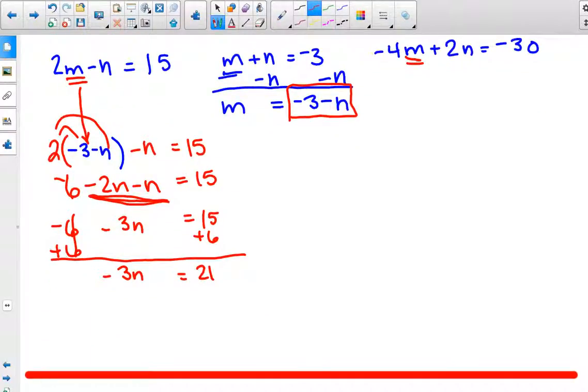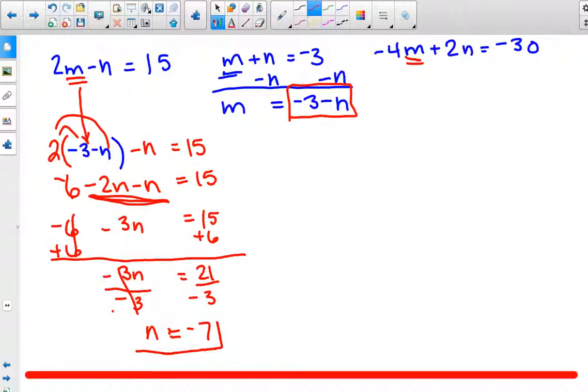We want to solve this equation for n, so we need to divide both sides by negative 3. And those cancel out, and you have n equals negative 7.